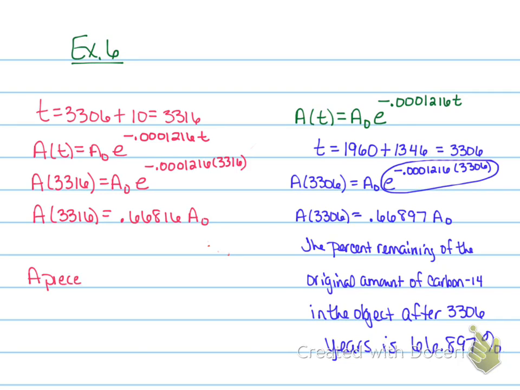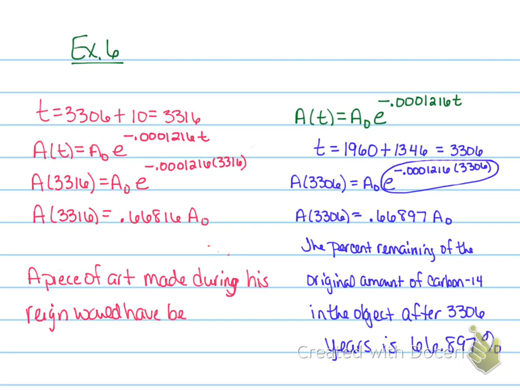A piece of art made during his reign would have between... all right, so we know that this 66.897% is the amount if it was at the end of his reign when he died.